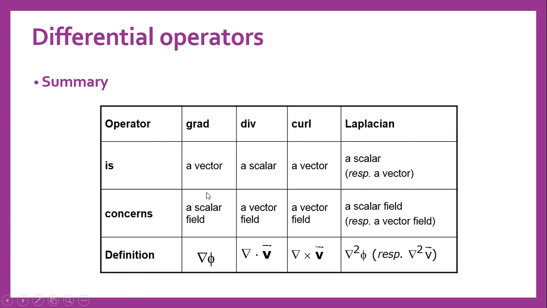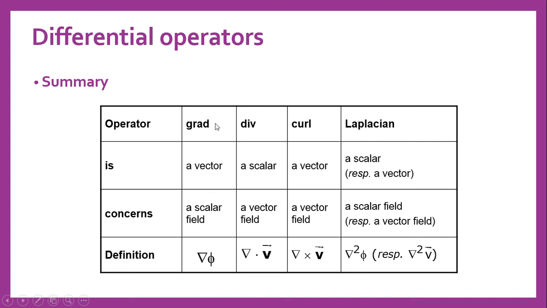So for the differential operators, that means the del operators, we have 4 videos, and let us have a summary of all the 4 videos. With the help of del we can have the gradient operation, divergence operation, curl operation and Laplacian operation. The gradient operator always acts on a scalar quantity, and the resultant will be a vector.